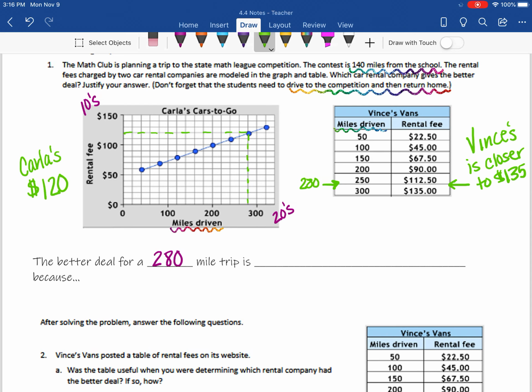So the better deal based on just what we have here appears to be Carla's.